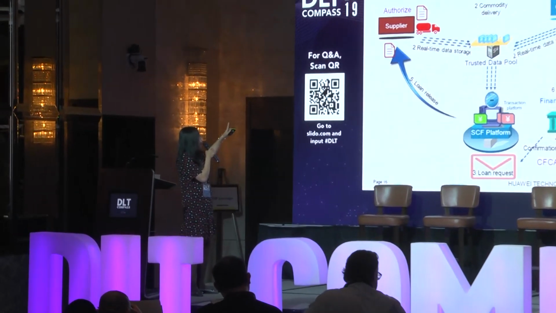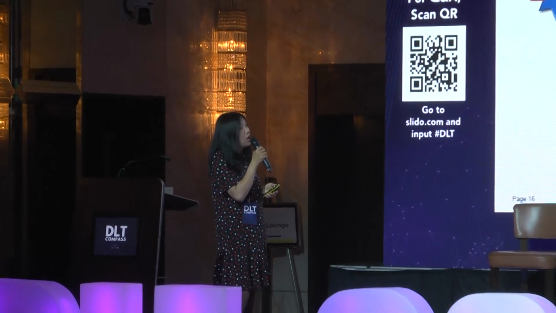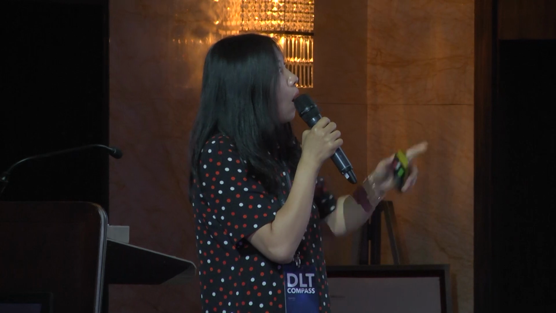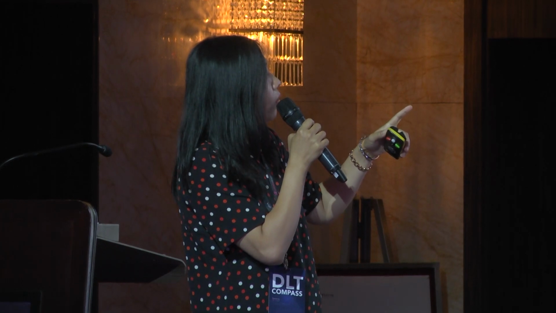And then the supplier and the finance institution will sign the loan contract. This is step 4. And then the bank will release the money to the supplier. So these details we also record to blockchain. This is step 5. And finally, after the core enterprise pays back the money to the platform, the payment will route to the supplier, and some will route to the bank.